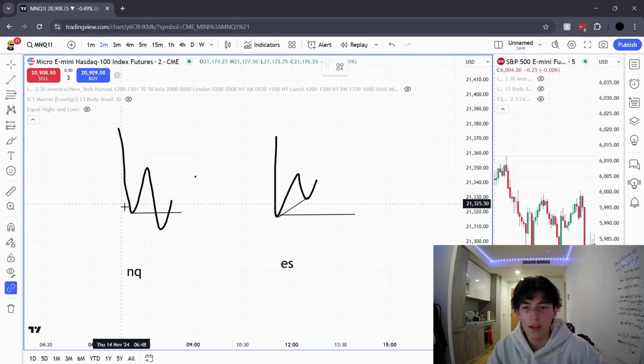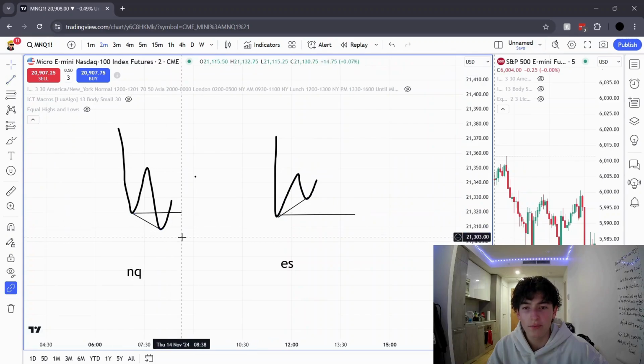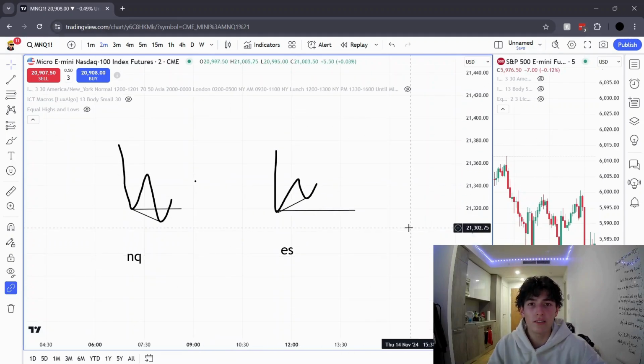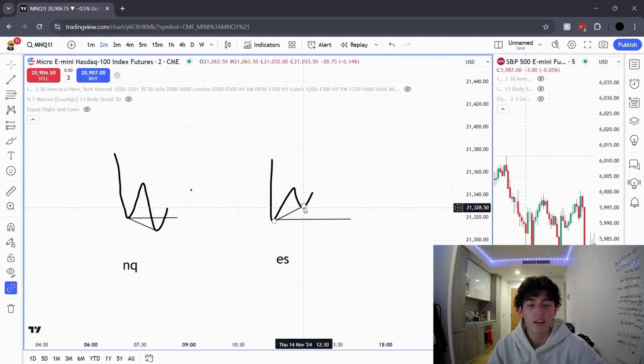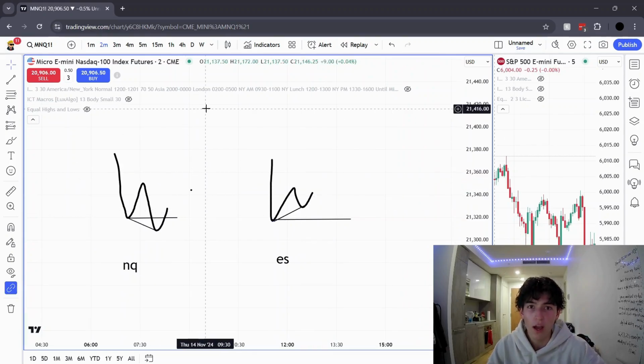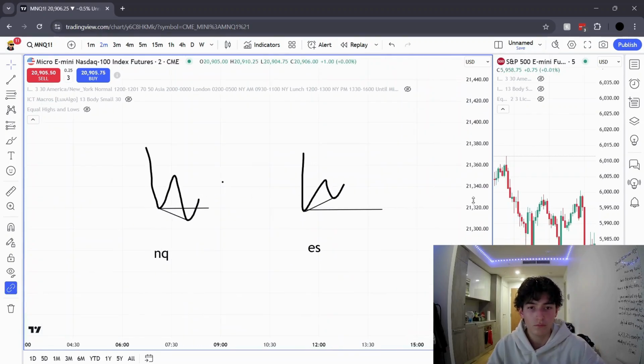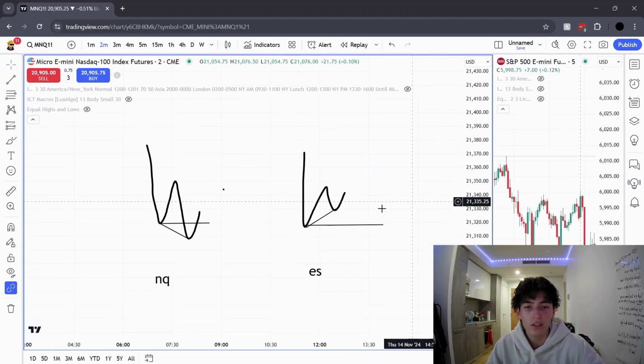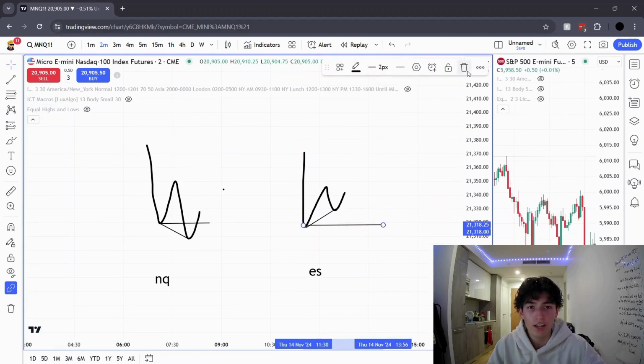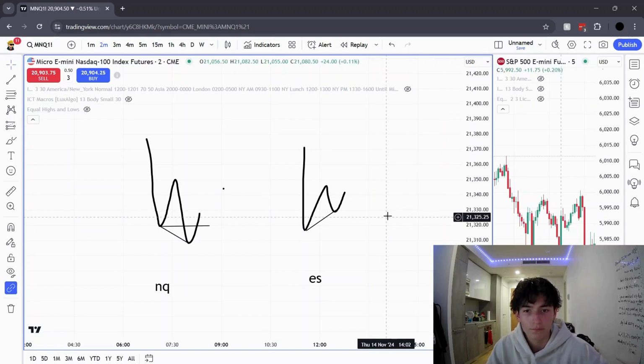And a way I like thinking about this is think of ES as a fortune teller, right? So if you see this happen in ES, that's going to make you think that NQ would want to go higher, right?